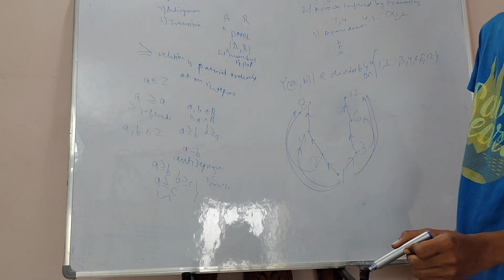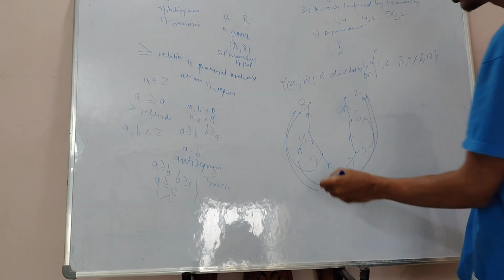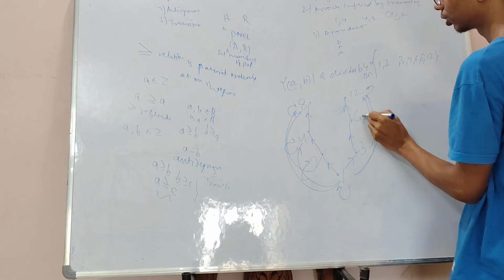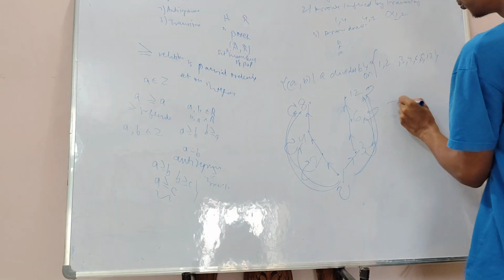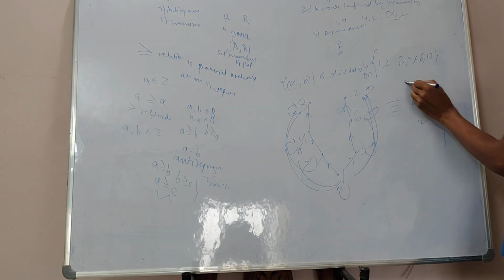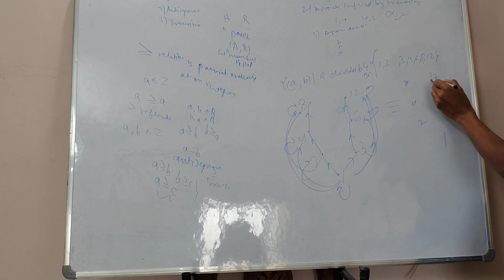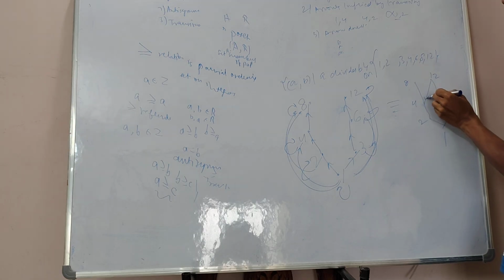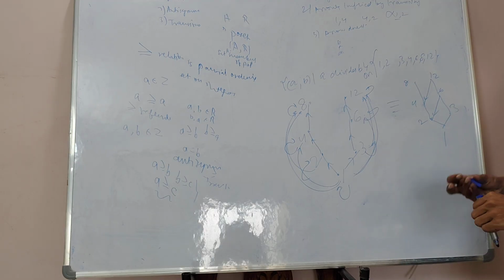This is what you can write, and all are divisible by themselves. So the modified Hasse diagram will be 1, 2, 3, 4, 6, 8, 12, and this arrow will point here and this arrow will point here, and nothing else is required.